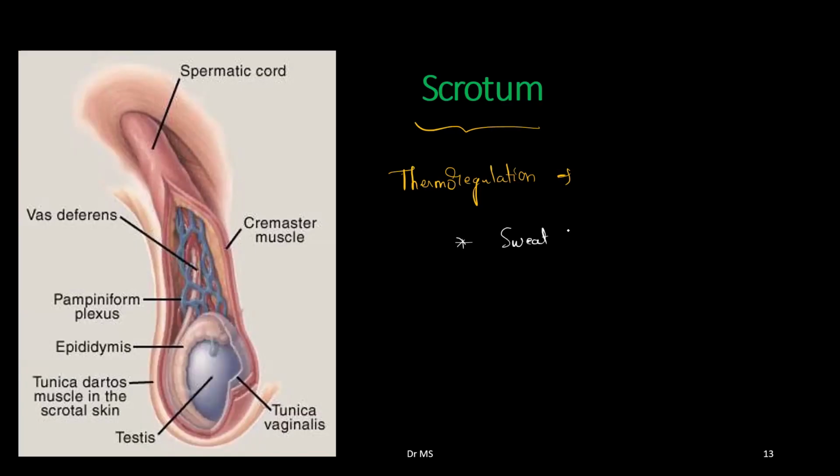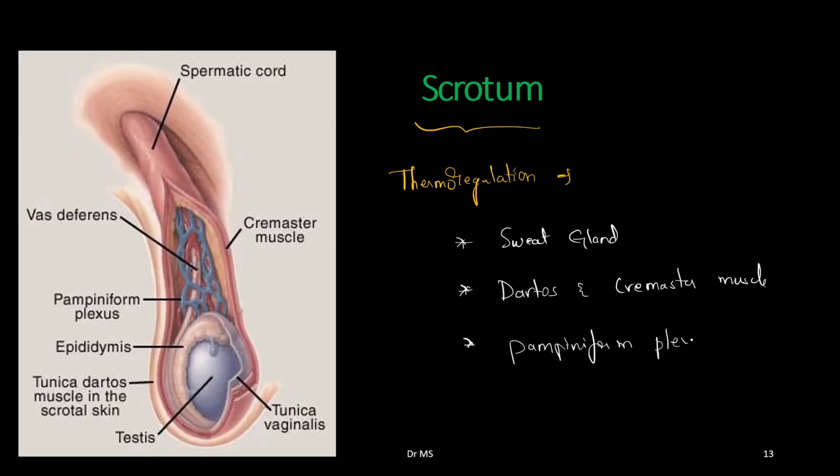We know there is production of sweat, and that sweat will cool down the temperature. The next one is the muscles, that is, dartos and cremaster muscles. I'll tell you how they work. And the third one is the pampiniform plexus. I'll tell you what this is.